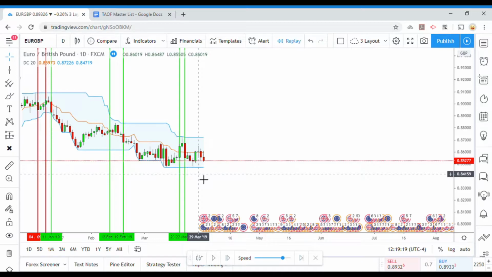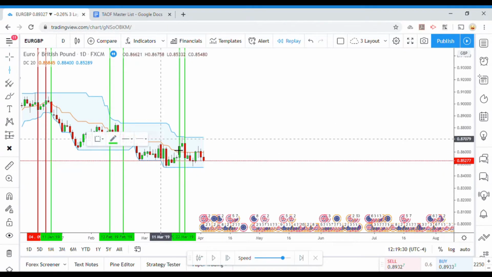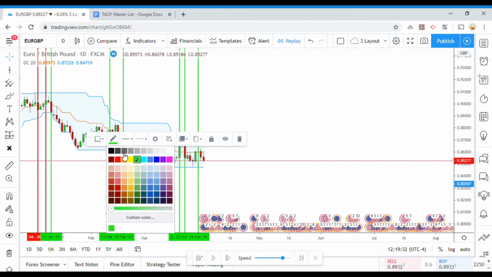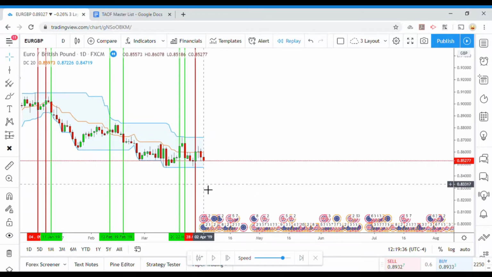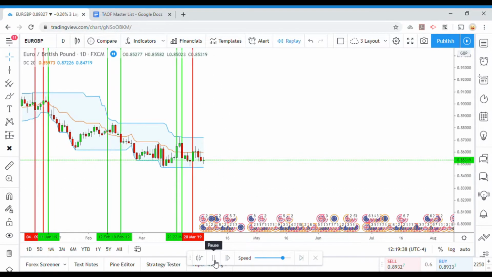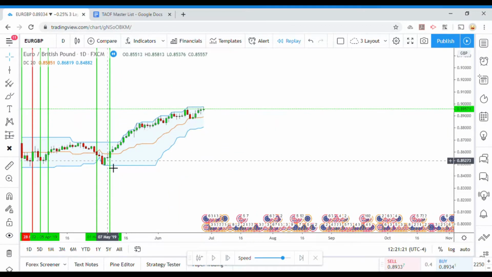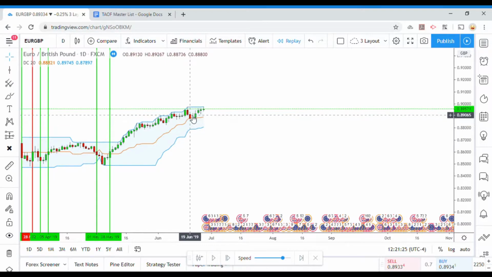Let's see. 86.01 was the open of this candle, and it only hit a high of 86.48. So we just barely missed it. It dropped back down below the center line. Let's see where this one's going to go.